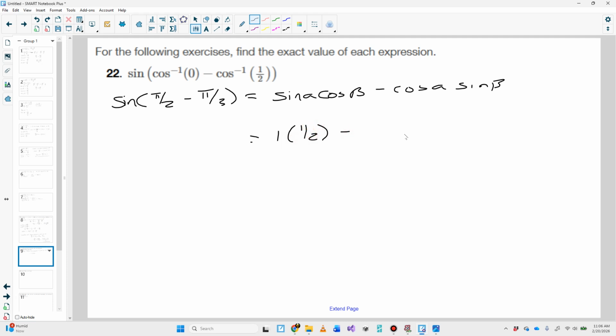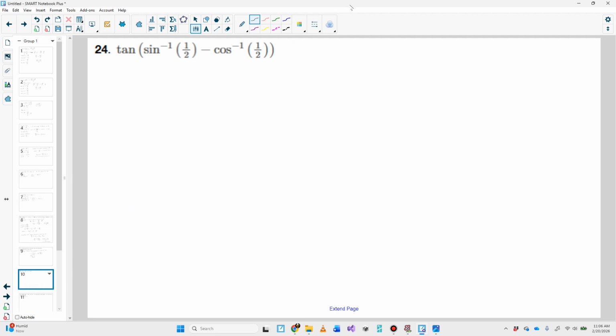That's minus the cosine of pi over 2, which is 0, and the sine of pi over 3, which is the square root of 3 over 2. But that doesn't make any difference because this is going to be 0 anyway. So this gives me an answer of 1/2. Okay, so that's the answer there. That wasn't too bad. Let's do it again.